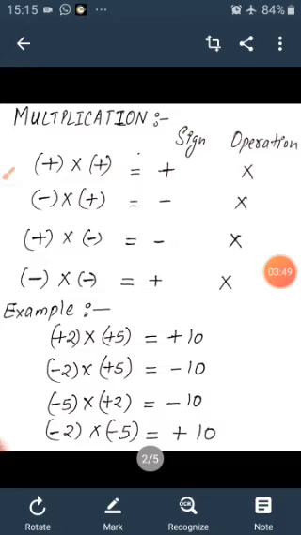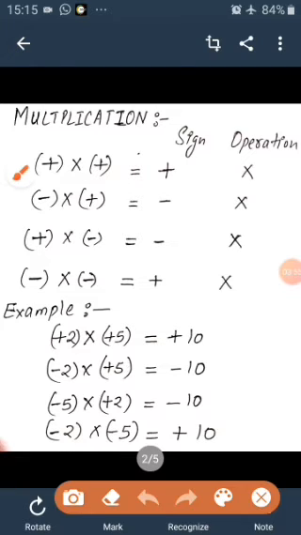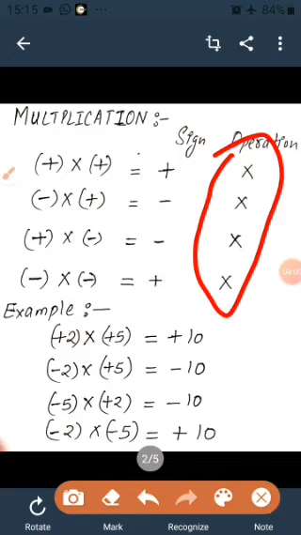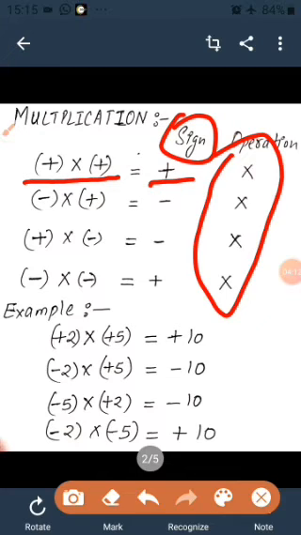So now come to multiplication. Multiplication is very easy. For multiplication, the operation will be multiply for all the cases. Only for the sign you have to take care. In the first case, if both the numbers are positive, then the sign will be positive.